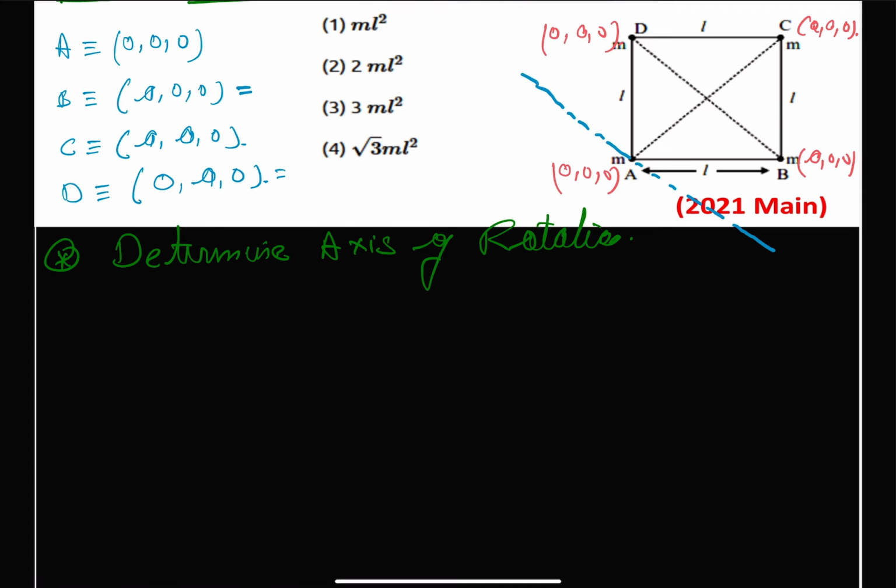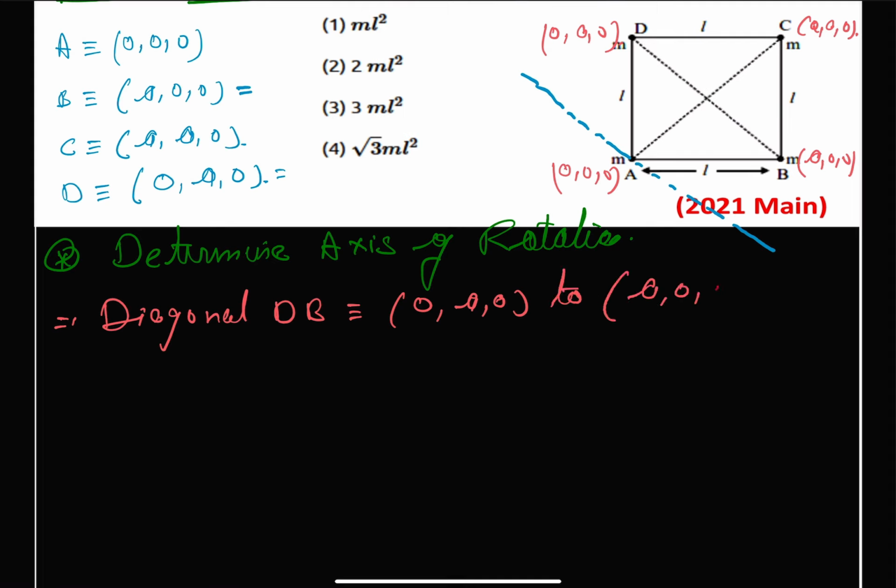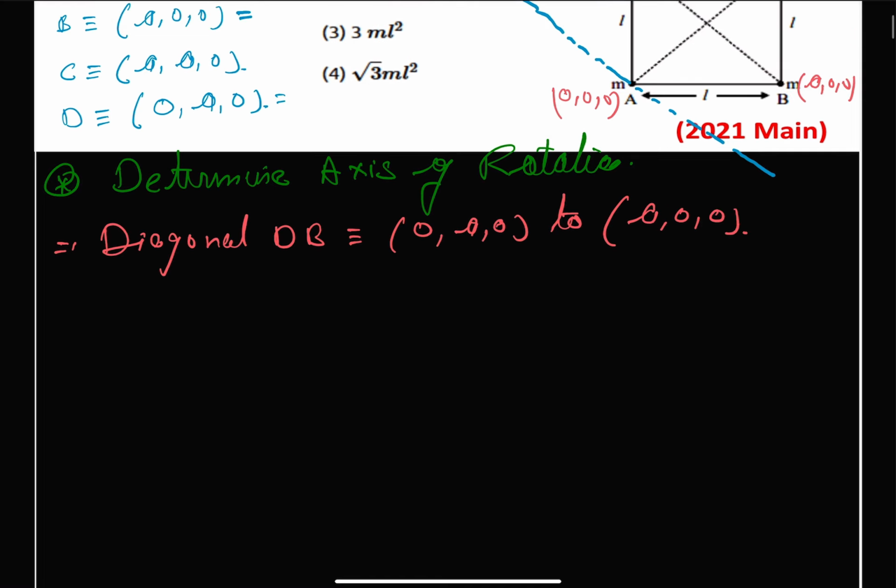We have a diagonal DB, which goes from 0, a, 0 to a, 0, 0. From here we can find its direction vector.